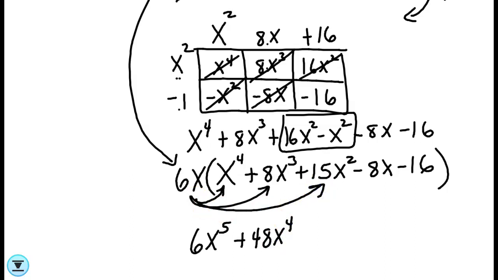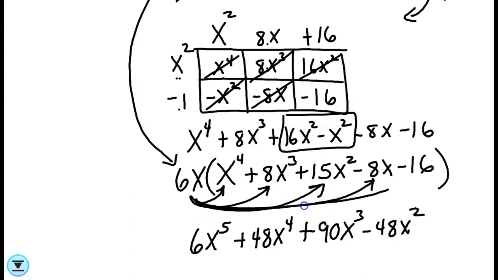6 times 15, I believe that's 90. And then I get x to the 3rd. 60 and 36 is 96. So I think it's negative 96x.